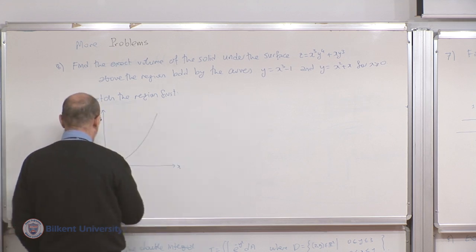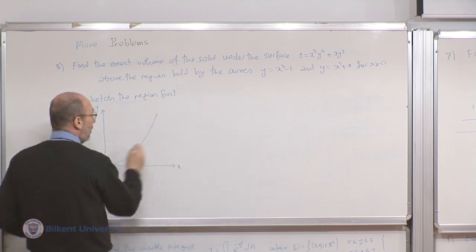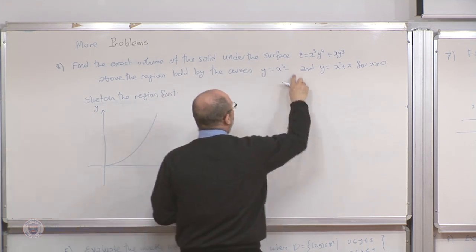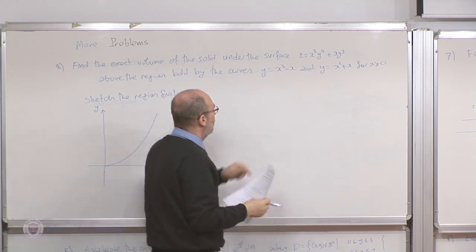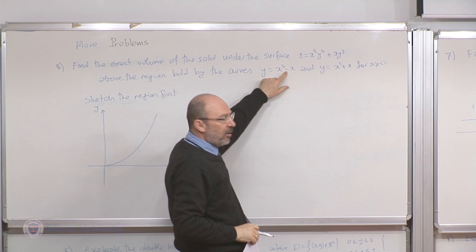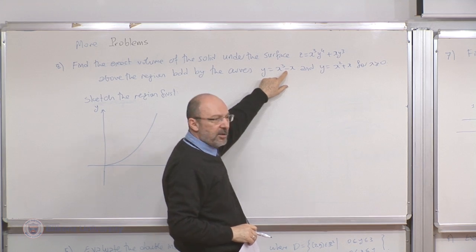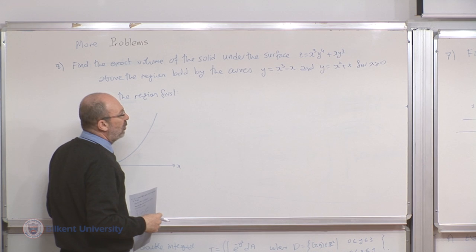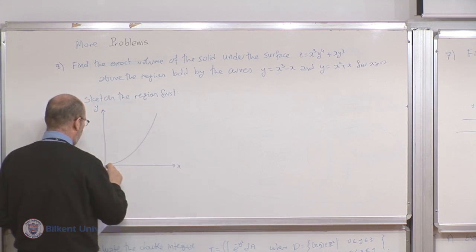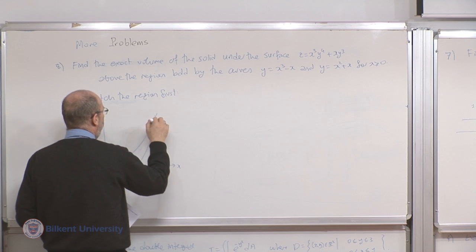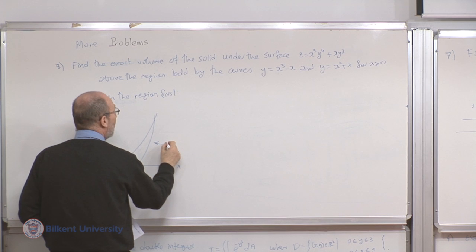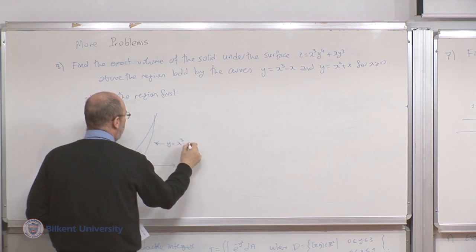This is the parabola part. The other one, again, starts from the origin, but when x is less than 1, x cubed is less than x, so it is negative. And it is 0 when x equals 1, so it's something like this. So this is 1.